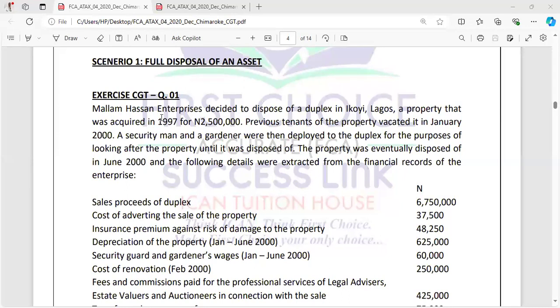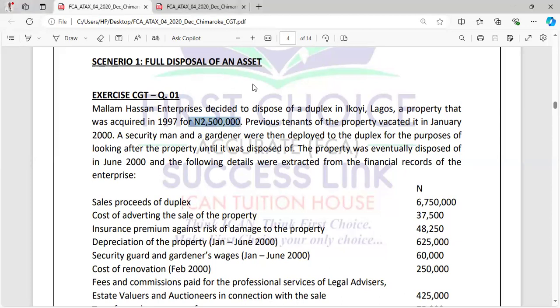Now, example one. Malam Hassan Enterprises decided to dispose of a duplex in Ikoyi, Lagos, a property that was acquired in 1997 for 2,500,000.